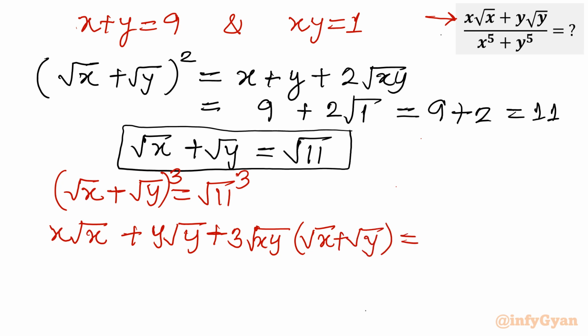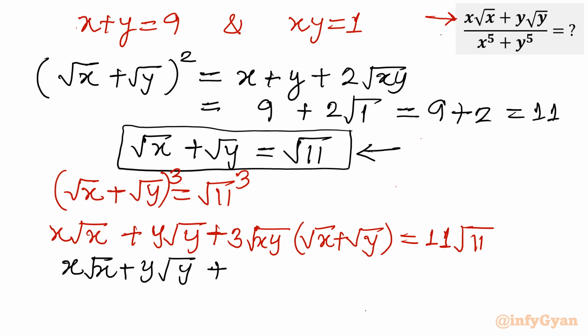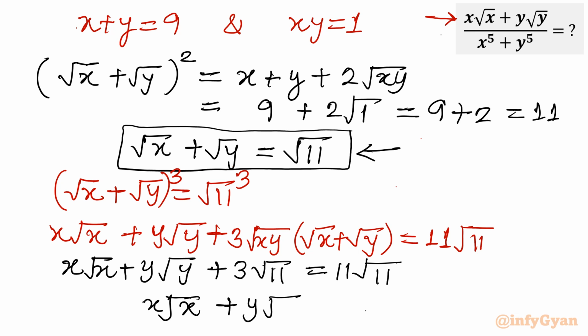Right hand side, 11 root 11. Now let us put the value of xy, that is 1, and root x plus root y, which is root 11. So x root x plus y root y plus 3 times square root 11 equals 11 root 11. Conclusion: x root x plus y root y, the numerator of the required expression, equals 8 root 11.